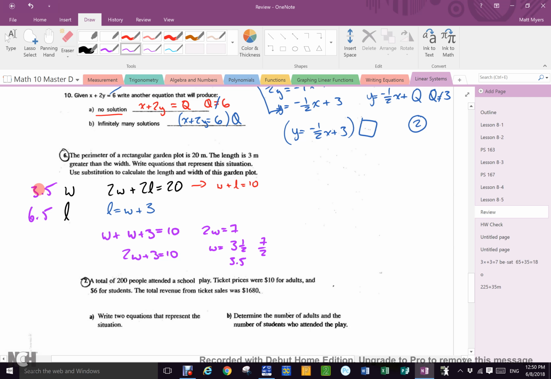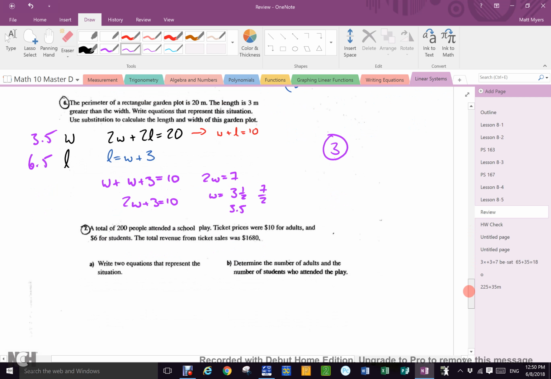Yep. Is W plus L 10? So that's half the rectangle. The other half must be the same. If this is 10, that's 10. Right? 3 marks. 1 for the system, 2 for the work.